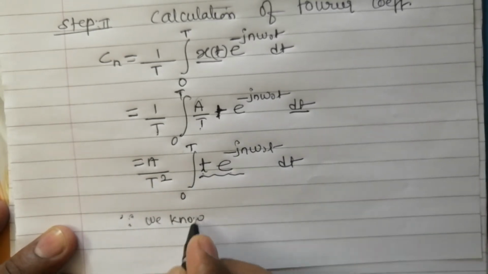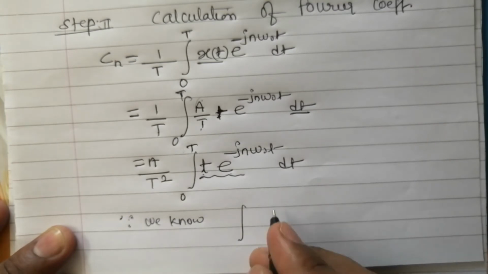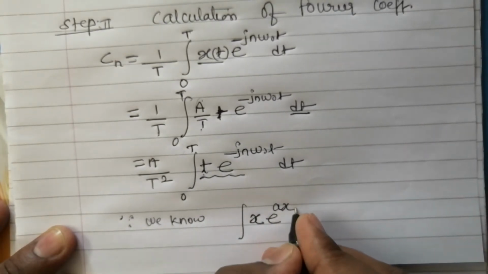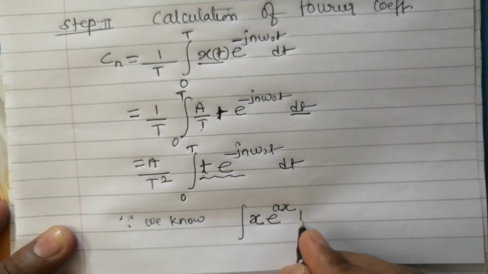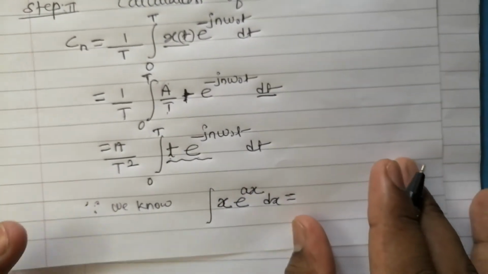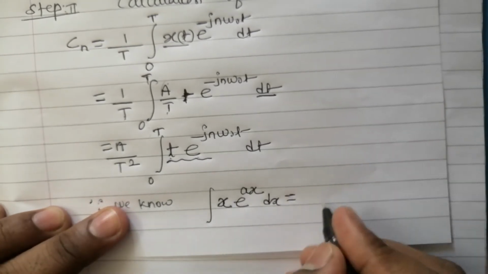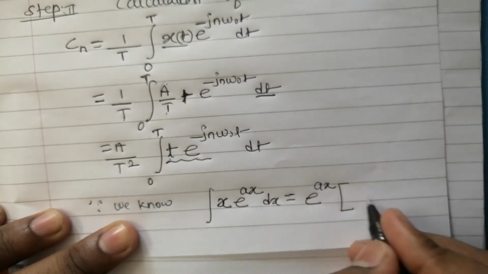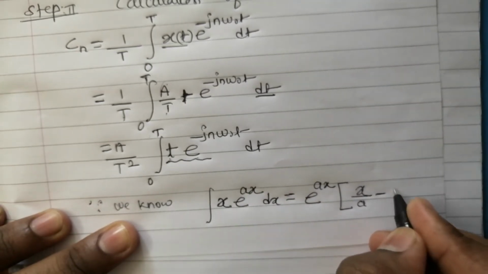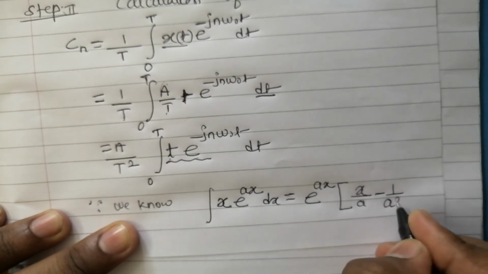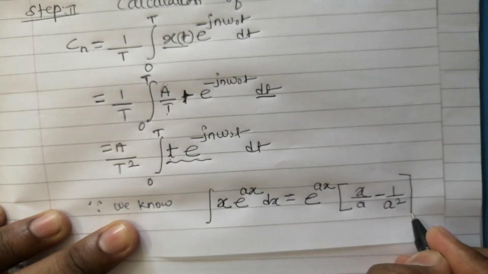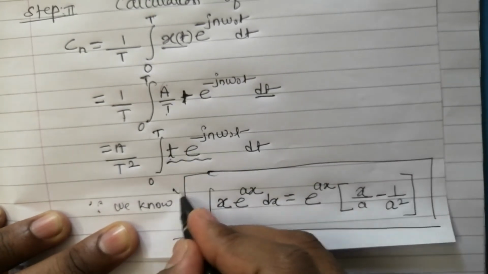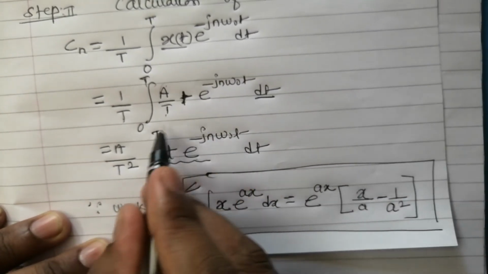We know that integration of x e raised to power ax dx is directly given by e raised to power ax in bracket x upon a minus 1 upon a square. So we will use this particular result of integration to calculate this integration.